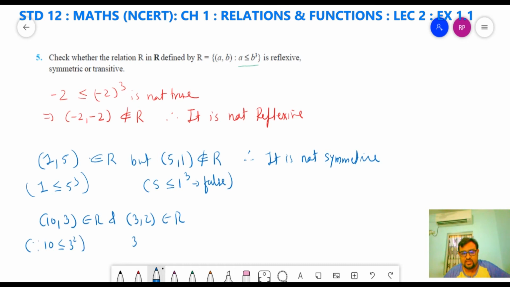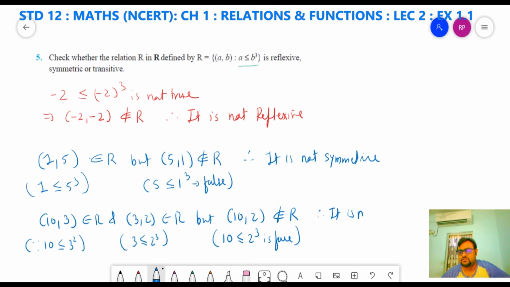And 3 is less than or equal to 2 cubed, because 2 cubed is 8. Yes, both are true. But what will you say about (10, 2)? Is 10 less than or equal to 2 cubed? No, so this is false. Therefore, (10, 2) does not belong to R. Therefore, it is not transitive.